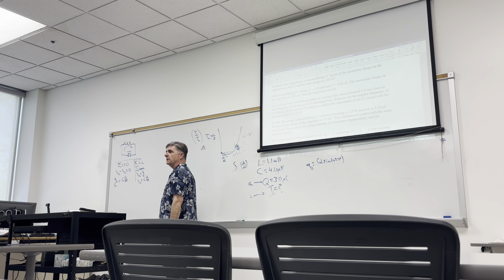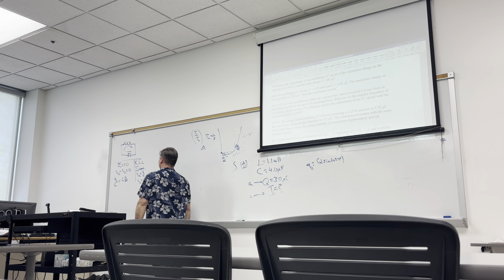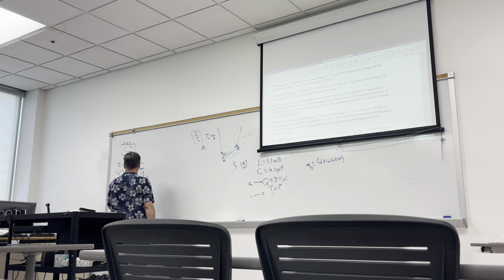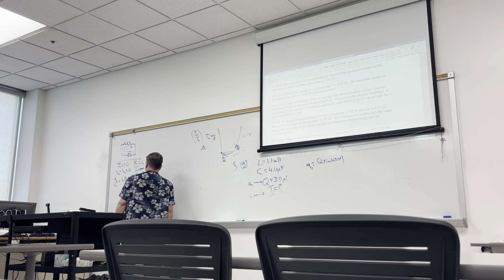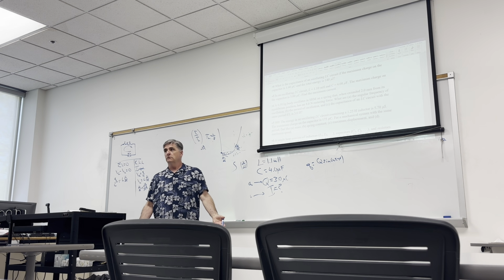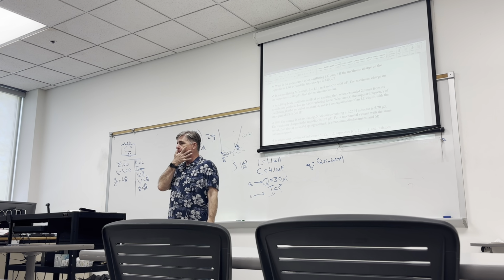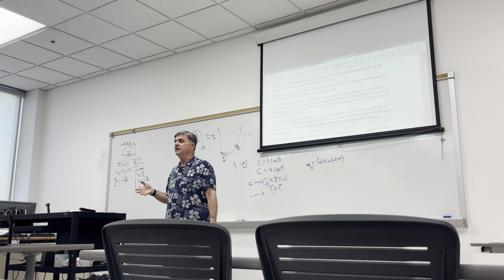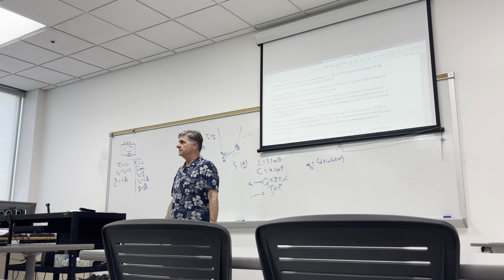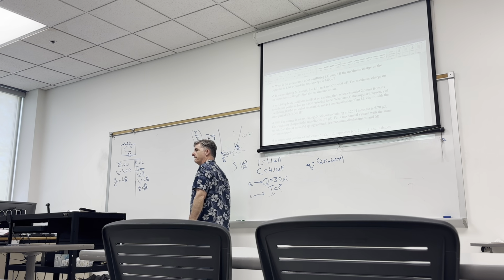That's a second order differential equation. di by dt is equal to the second derivative of q with respect to t. Because after all, i is dq by dt, right? So di by dt is just the second derivative of q with respect to t. Right?